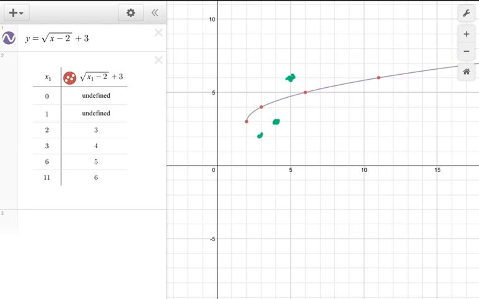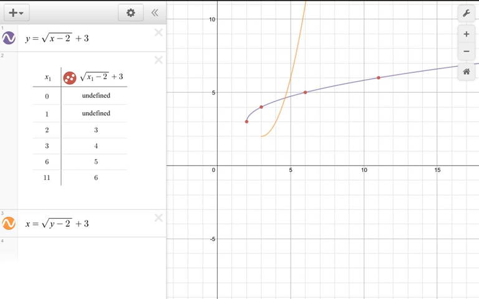I've got the point 11, 6, which will become 6, 11. So there's my curve. And I want to check to see that that was good. So it looks like I got the right curve.